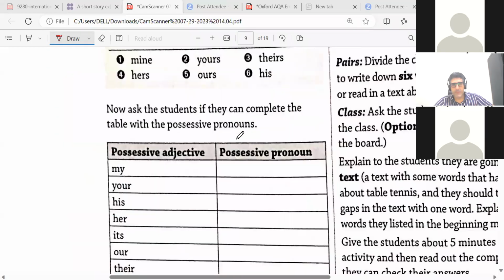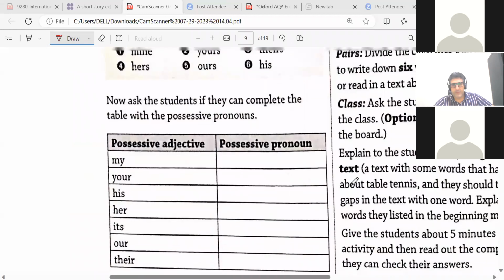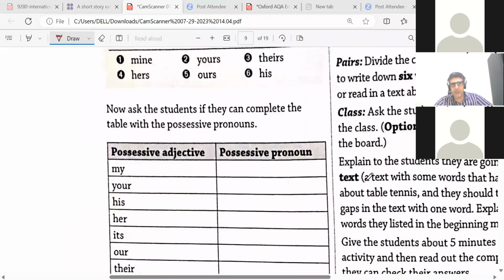Let me stop sharing this. Can you see my screen? Let's complete this quickly, guys. Possessive adjective, possessive pronoun.